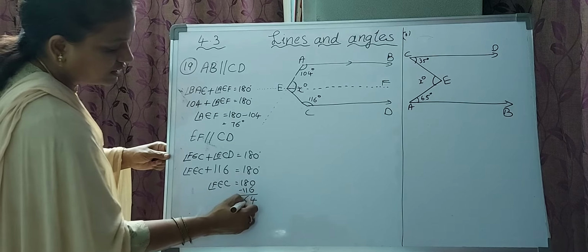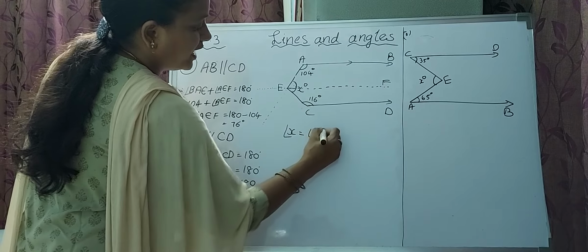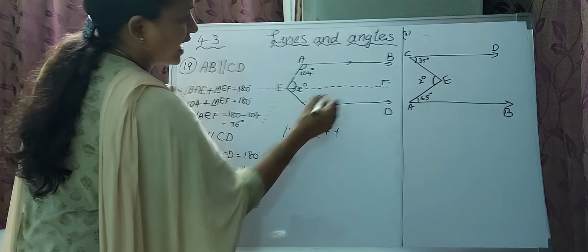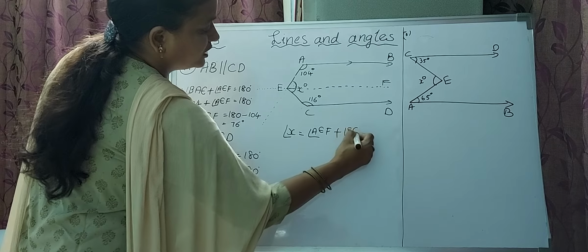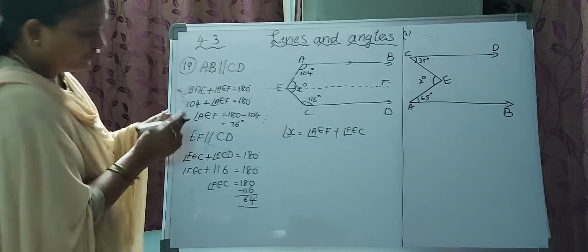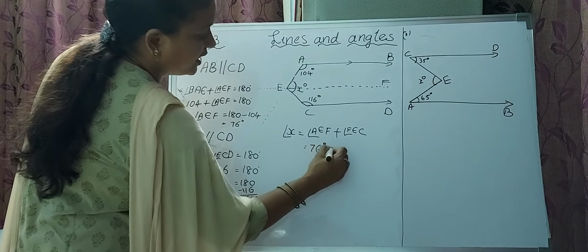So if you want this complete x, you have to add this angle and this angle. Angle x is equal to angle AEF plus angle FEC. AEF we already knew, 76 degrees, plus angle FEC, 64.